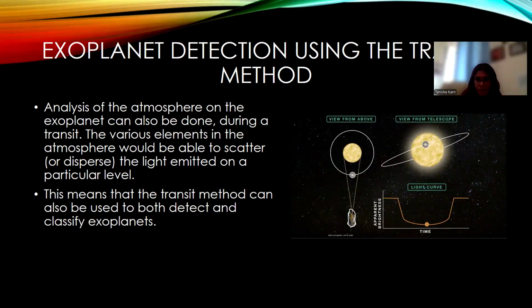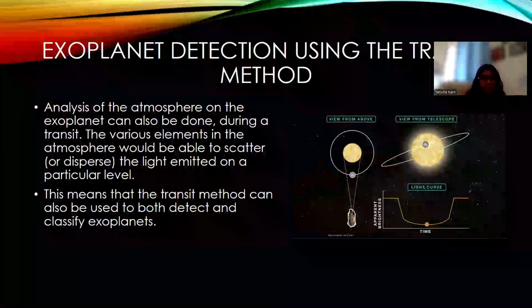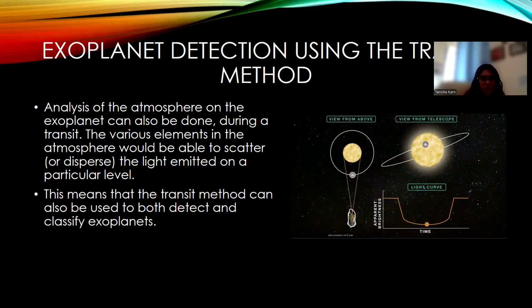The different elements making up the atmosphere of that exoplanet would be able to scatter the light emitted by the star on a particle level, and this scattering can be closely observed on spectrographs. And this is how scientists can understand the chemical composition of the atmospheres and determine whether exoplanets may be habitable for humans in the future.